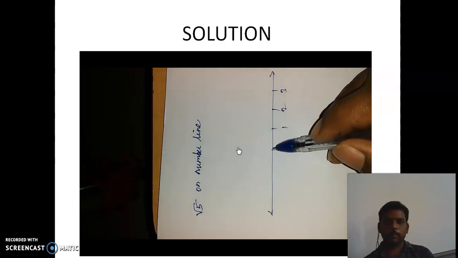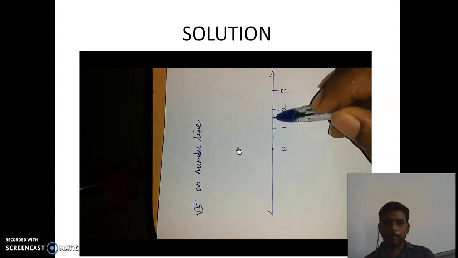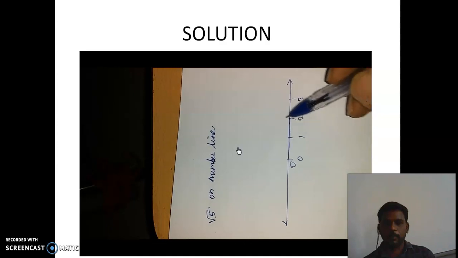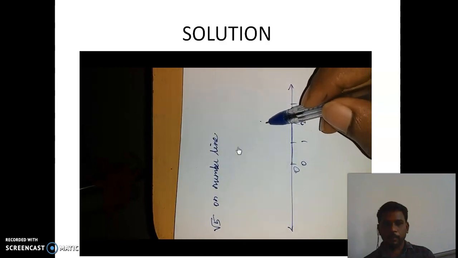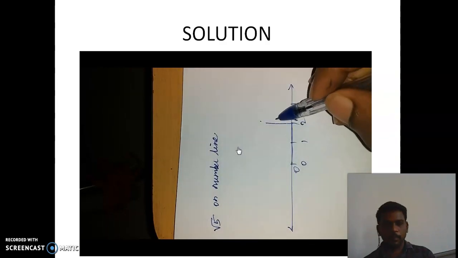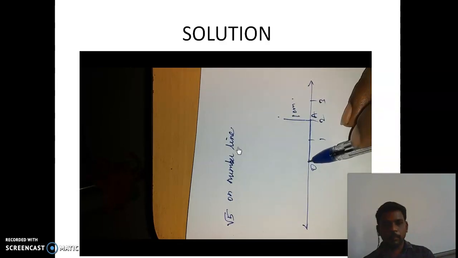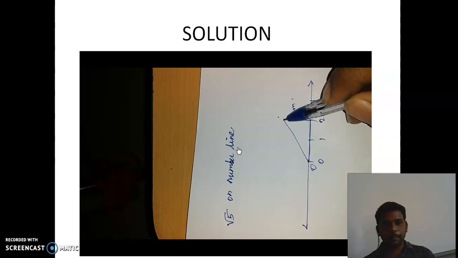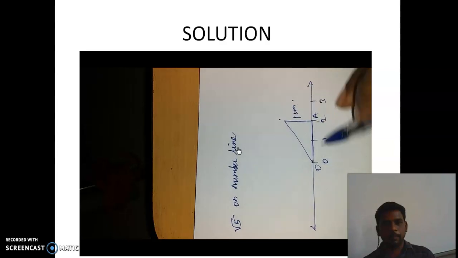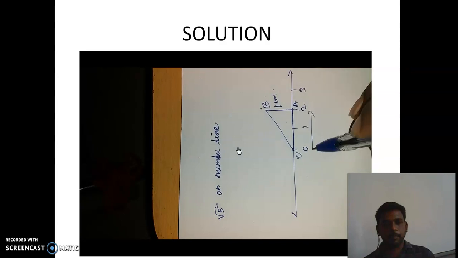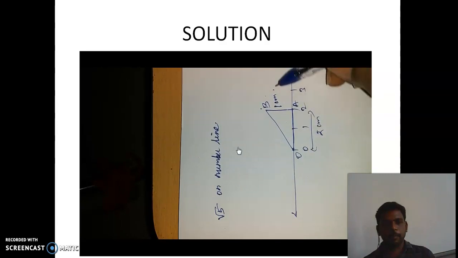Let us take this length as a base, this one O, this one A, and draw a vertical line of 1 centimeter. And then connect these two. Now this length is 2 centimeter and this length is 1 centimeter.